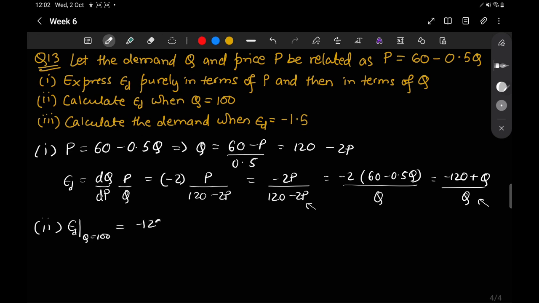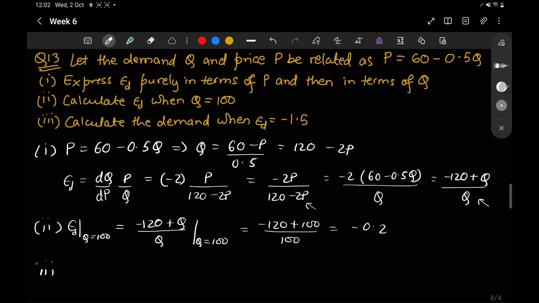Minus 120 plus Q over Q when Q equals 100. So that's minus 120 plus 100 over 100, which is minus 0.2.